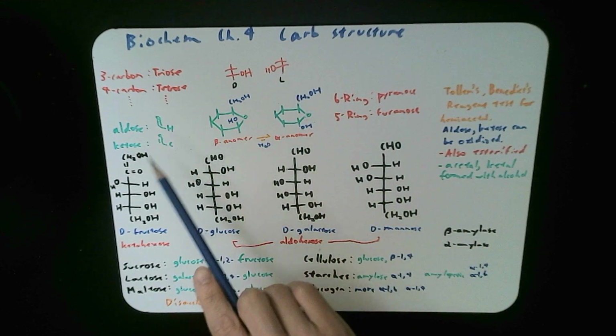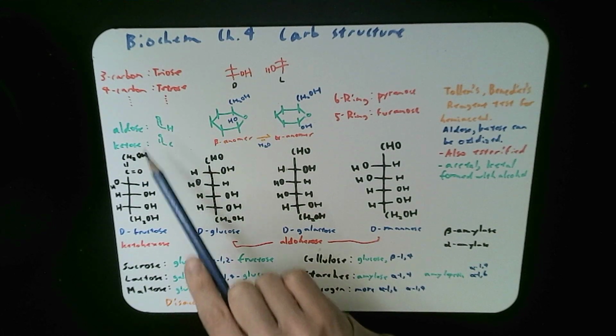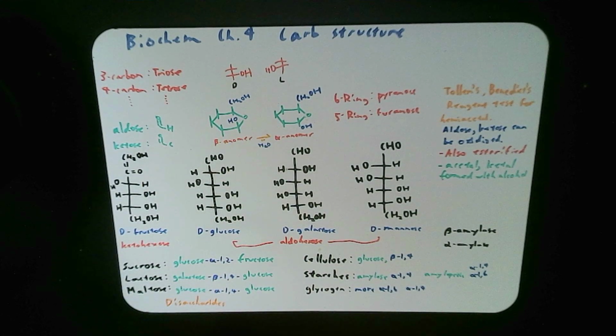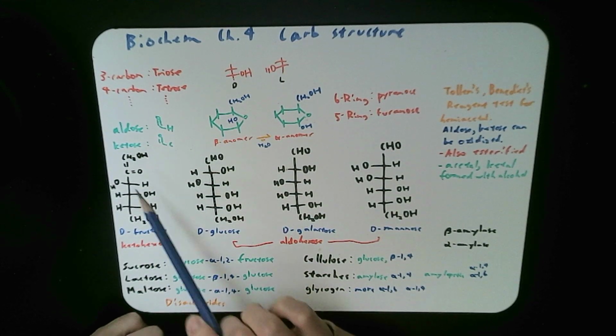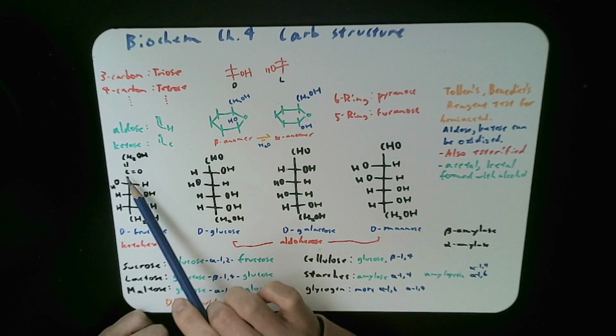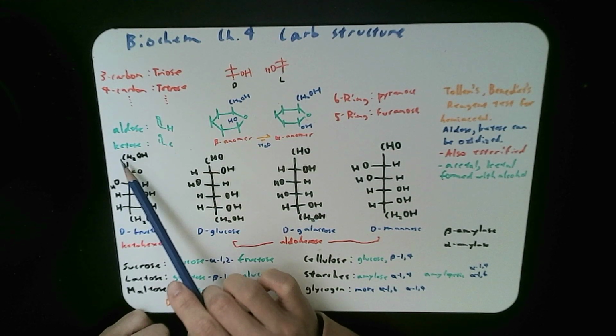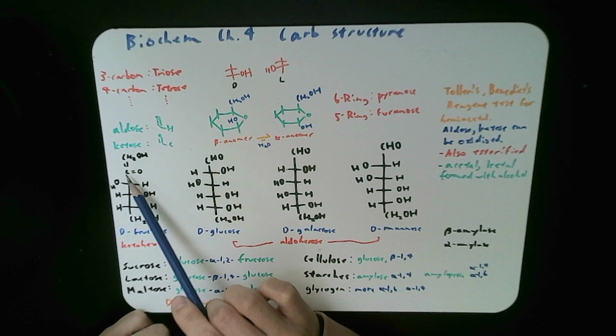So yeah, we have aldose and ketose based on the most oxidized part. If we take a look here at D-fructose, the most oxidized part is the carbonyl carbon here, with a C on the other side as well. So C on both sides of this carbon means it's a ketose.